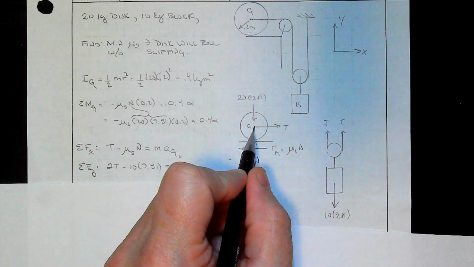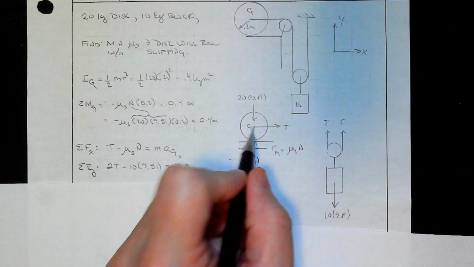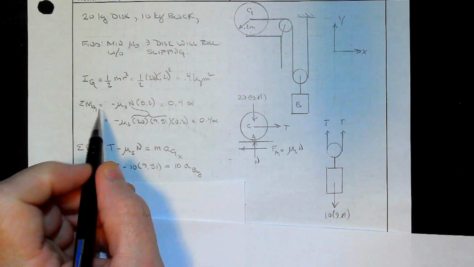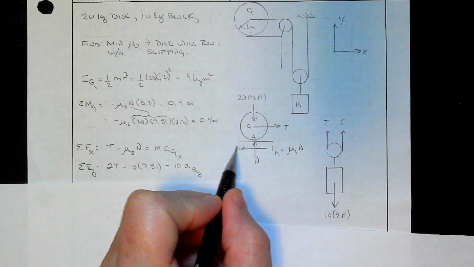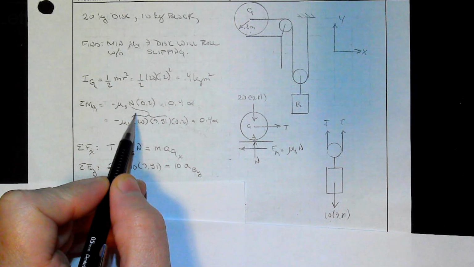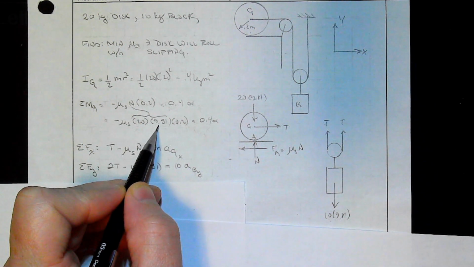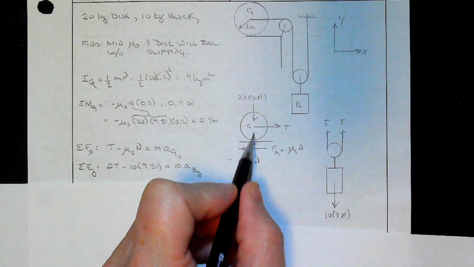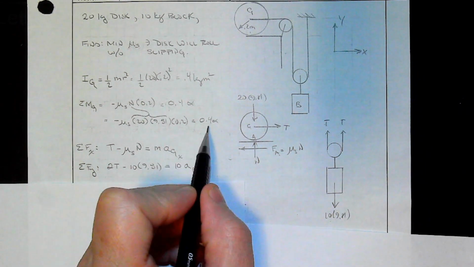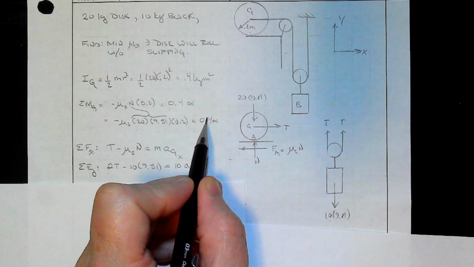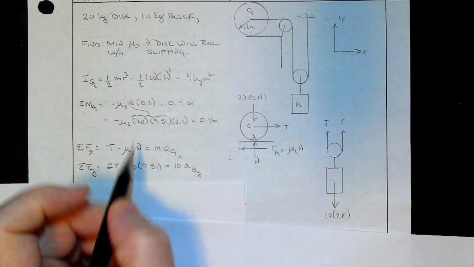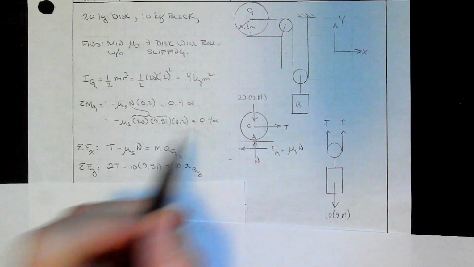So if we sum the moments here, which is the logical approach to take, we would have the only torque, that's due to friction. That's going clockwise here, so minus μs times the normal force, that's 20 times 9.81, then times the radius 0.2, equals mass moment of inertia times alpha. So that's just filling in the equation. Now, if we look at this problem where we are, we have one equation, two unknowns.